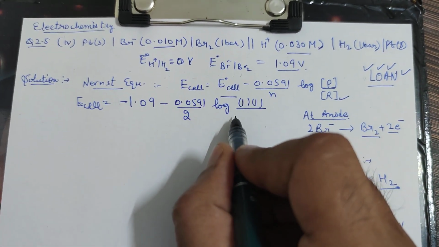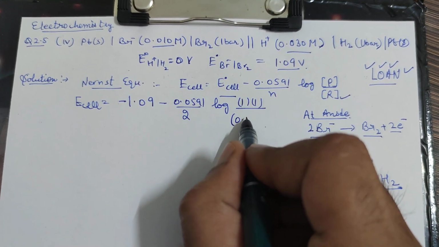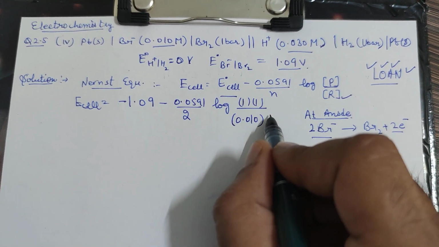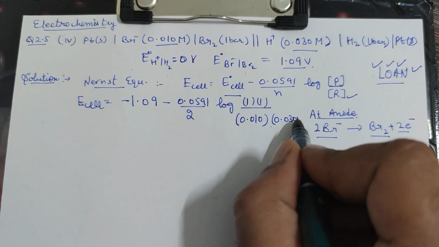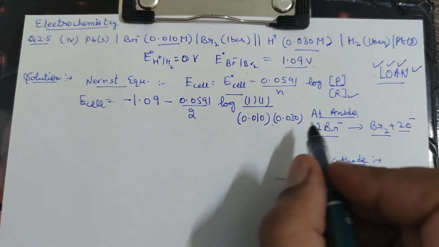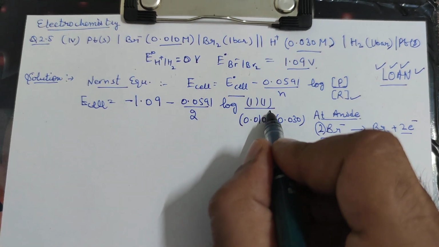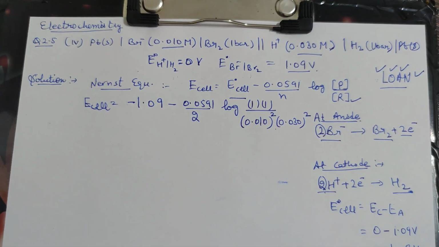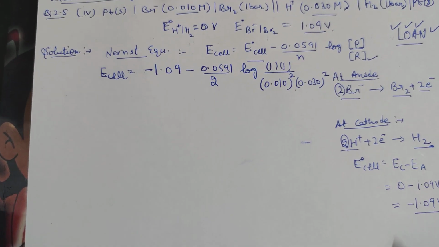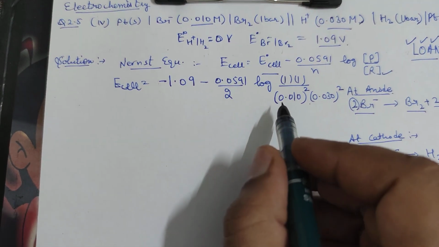So we'll fill these values. The bromide value is 0.010 and 0.030 is the value of hydrogen. Now see, the coefficient of both ions is 2, so we'll use these coefficients as their power. Now we have to solve this and find the value of log.